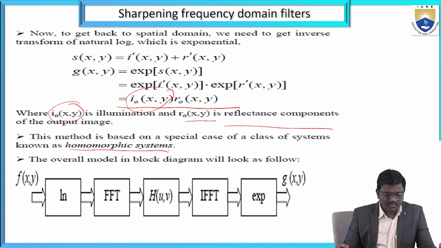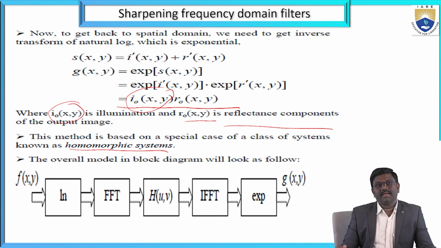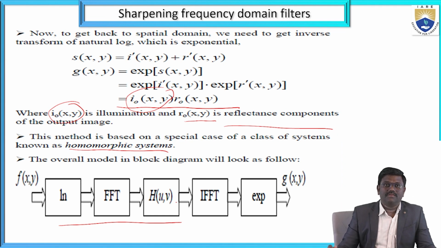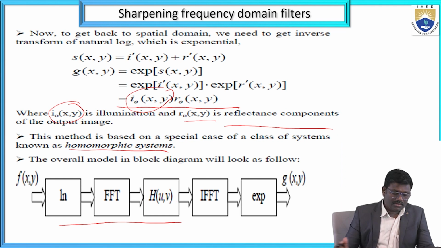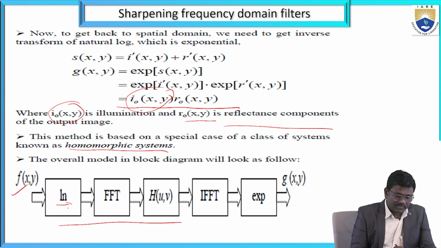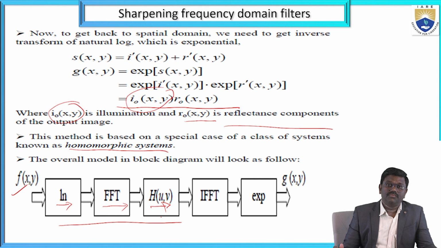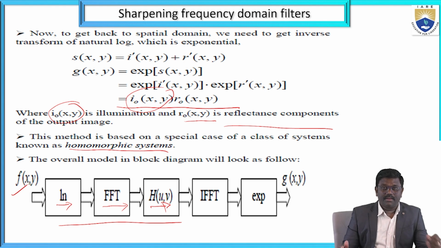The homomorphic system we simply define as the overall model in the block diagram, which can be seen here. We are processing the same mathematical processes here, taking your objective function f of x comma y and processing it with pre-processing of logarithm, and the fast Fourier transform is applied, as we discussed in the earlier class on restoration of the image and degradation of the process, which we apply in terms of the inverse fast Fourier transform.